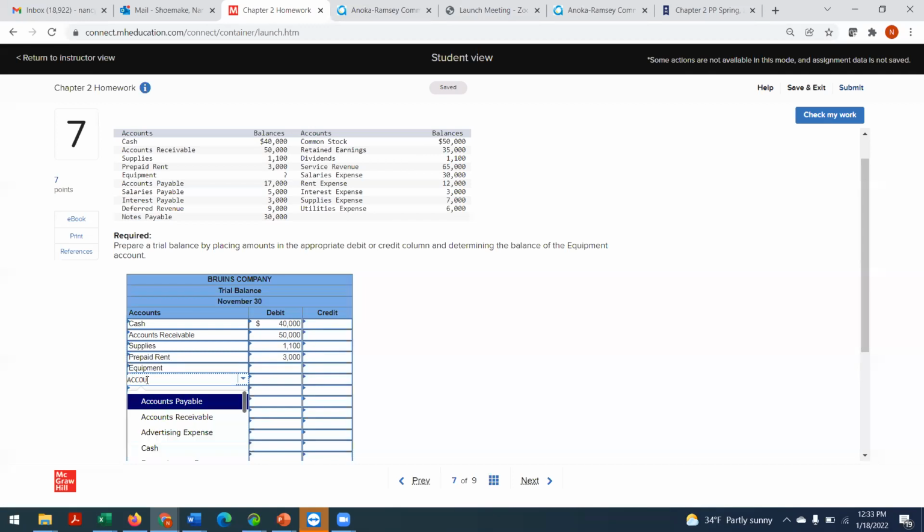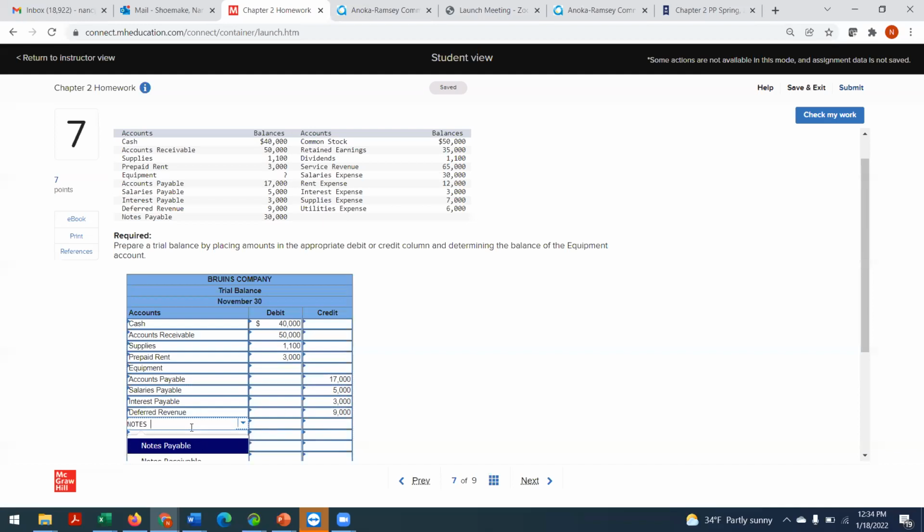Then we've got accounts payable. That is a credit balance over here of 17,000. Our salaries payable should be a balance of 5. Our interest payable is 3. Our deferred revenue is 9.